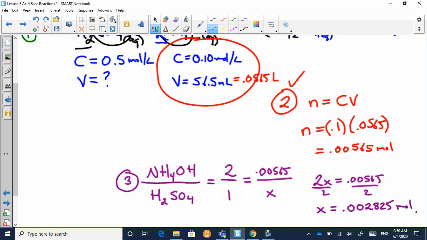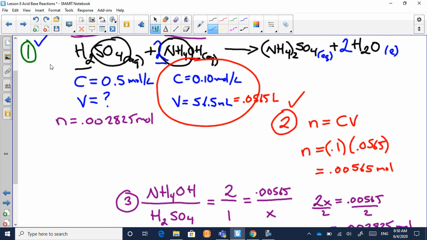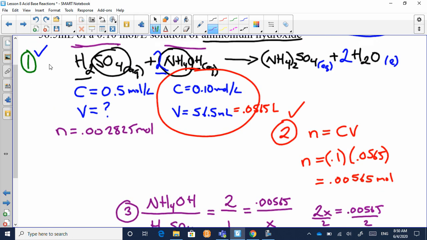So that's the number of moles of the sulfuric acid I am going to need. That's how much I'm going to need to neutralize the ammonium hydroxide.